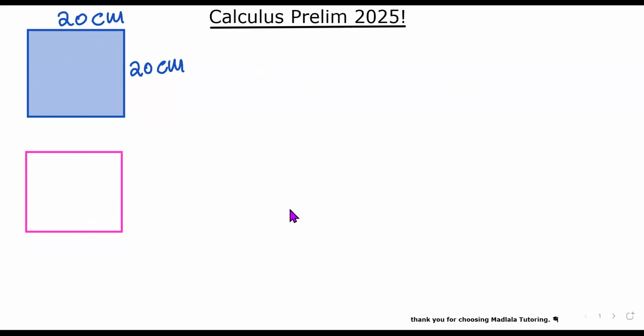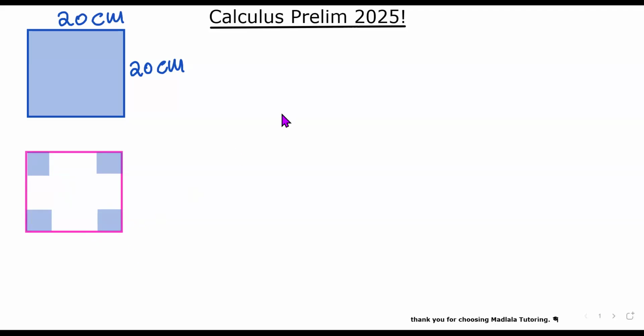But now we are going to go to the corners and we are actually going to remove the squares from the corners. However, we are careful and we want to ensure that all these squares that we are removing actually have the same size. That's what they said. They said equal pieces of those squares.